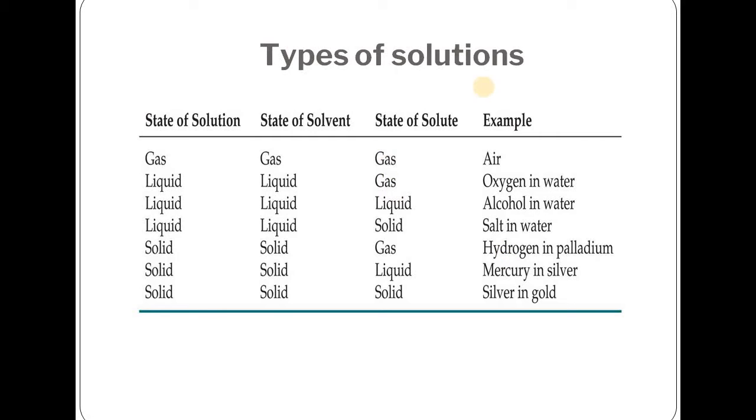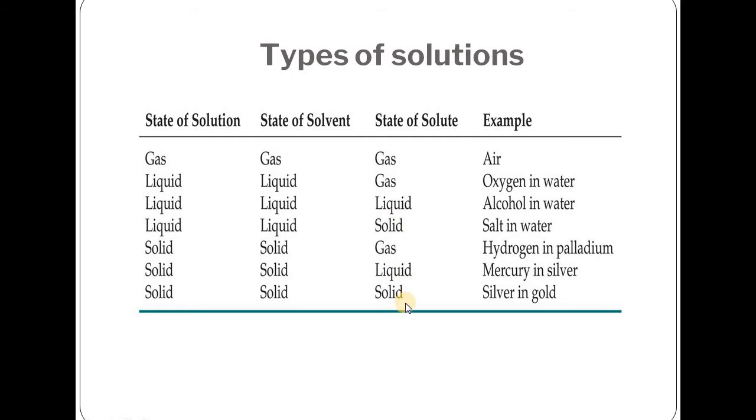Now there are various types of solutions. As you can see in this table, we have different types of solute and solvent. If we have gas as a solute in a gas solvent, we can take the example of air. When we have gas as a solute and liquid as a solvent, we can take the example of oxygen in water.